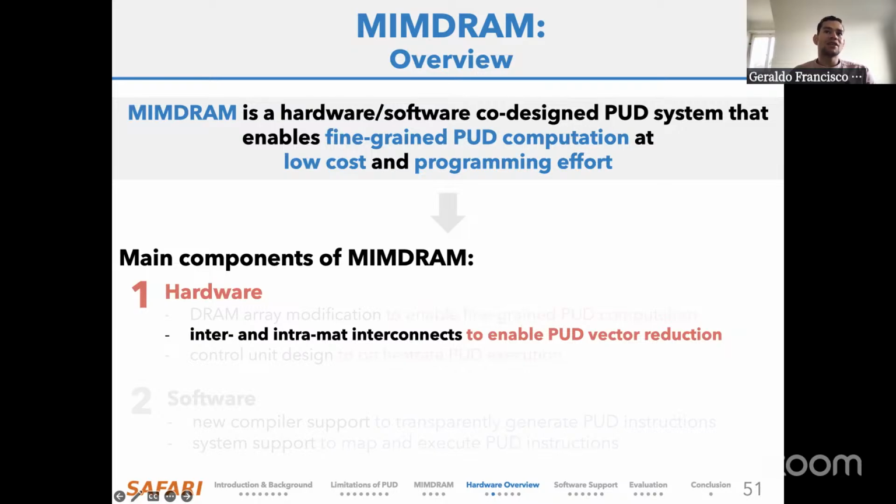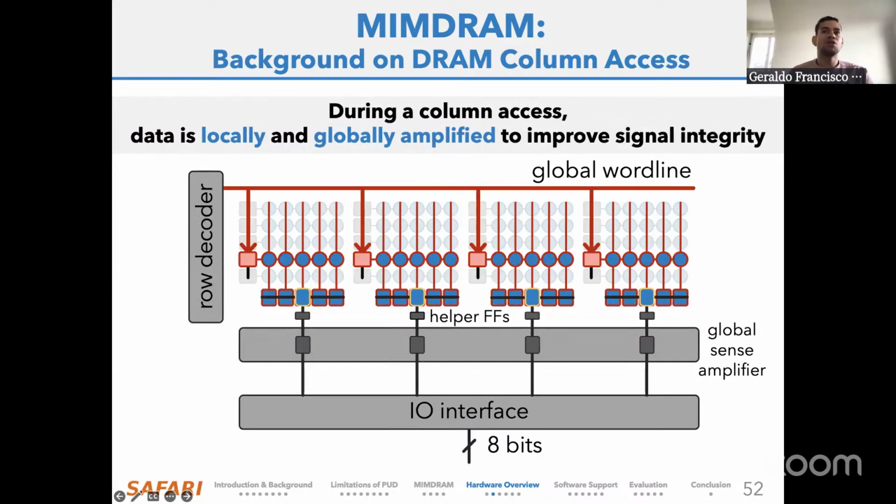Next, let's talk about how to move data inside the MAT. But before, I need to provide further background on a DRAM column access. During a DRAM column access, data is locally and globally amplified to improve signal integrity. The data column is first sensed in the local sense amplifier, and then latched and amplified using helper flip-flops at the peripheral logic of the DRAM MAT.